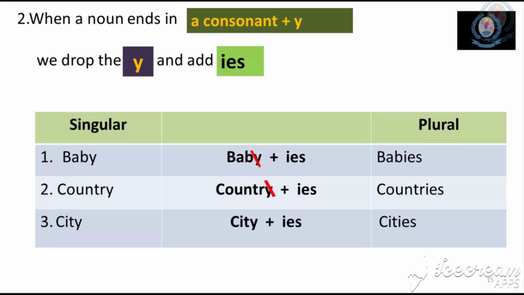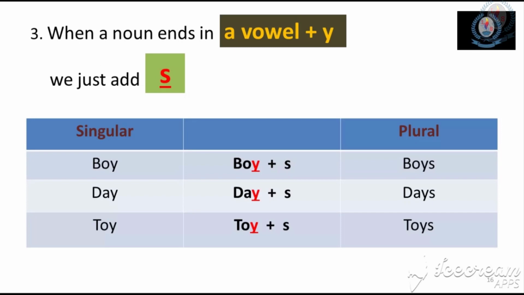Third one, city. In the word city, we cut y and we add ies. Cities. Third rule, when a noun ends in a vowel with y, we just add s.